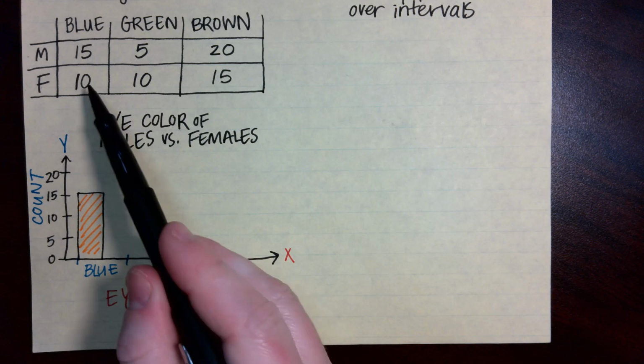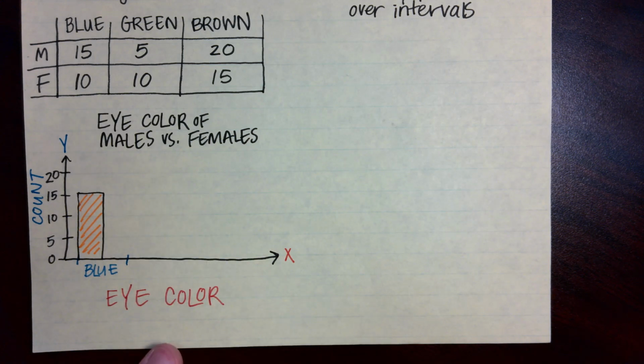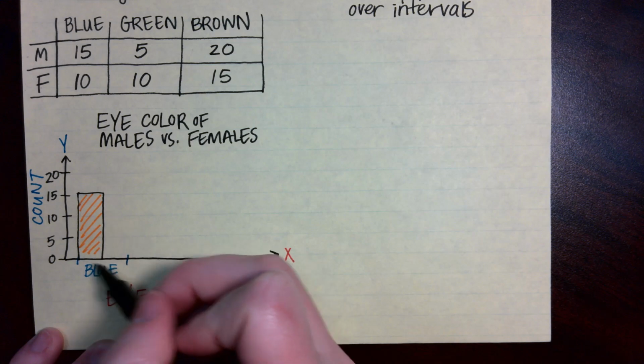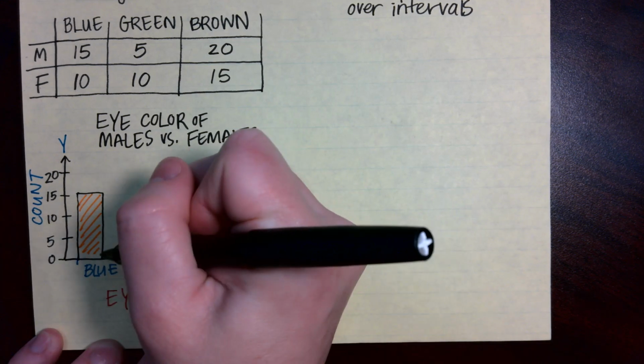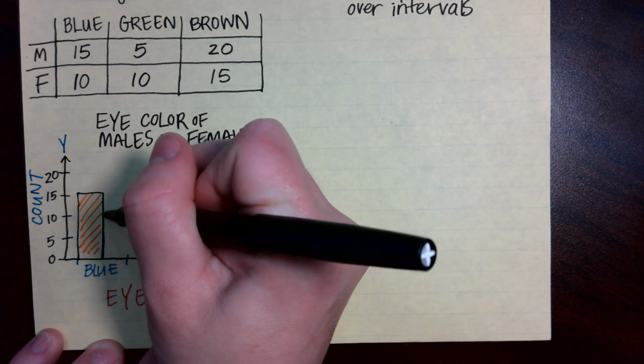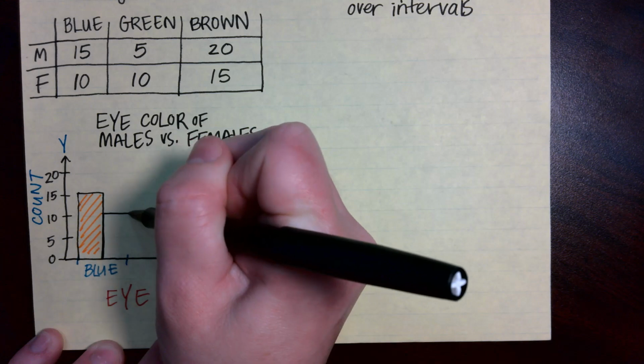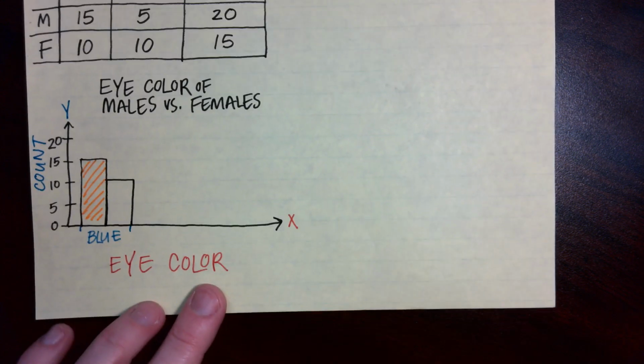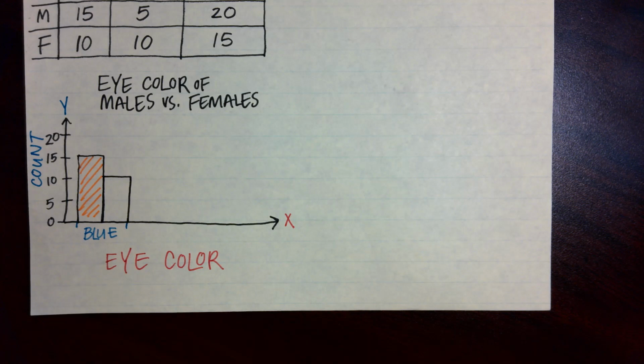And then females, how many did we say have blue eyes? 10. Good. So for the blue eyes category, my female bar is also going to be touching my male bar right here. And that is how I'm going to do the first one. There's my blue eyes. So female, I'll pick a different color. I'll do, I don't know, pink.